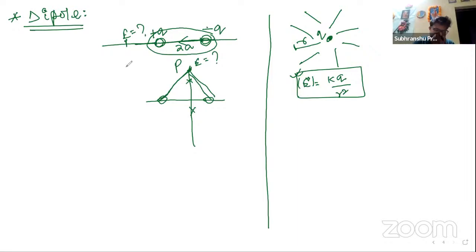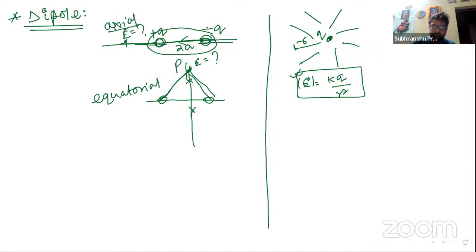So here we are calculating the field of the dipole on the axis. This is the axis of the dipole, and this is the equator of the dipole. So this is called the equatorial line, and this is called axial.